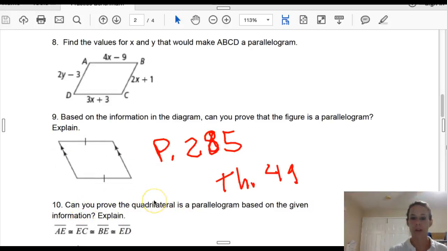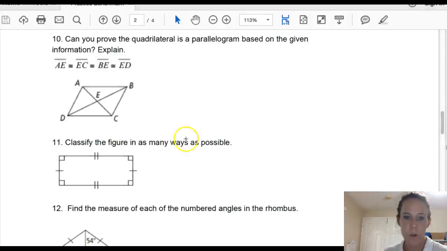Can you prove the quadrilateral is a parallelogram based on the given information? Explain. First of all, I need to scroll up. Hold on. Okay, and here's our quadrilateral. We're given AE is congruent to EC, and BE is congruent to ED. So I have diagonals that bisect each other.